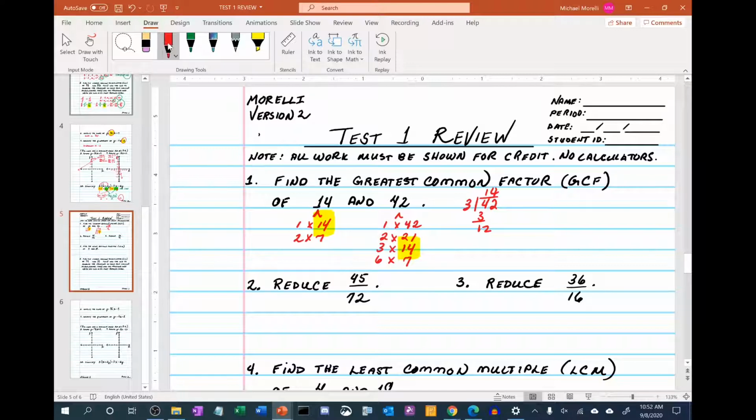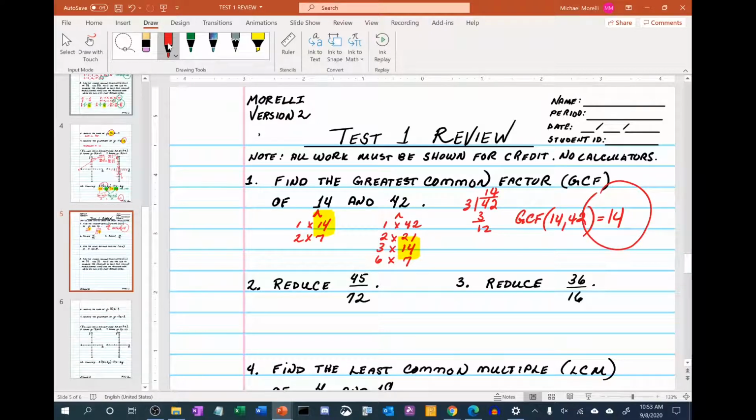So the way that you write that is, over here we'll write GCF, open parentheses, 14, comma, 42, close parentheses, equals 14. Okay? So just list out all the factors, all the different ways that you could possibly think of, and choose the biggest one that's in both sets.